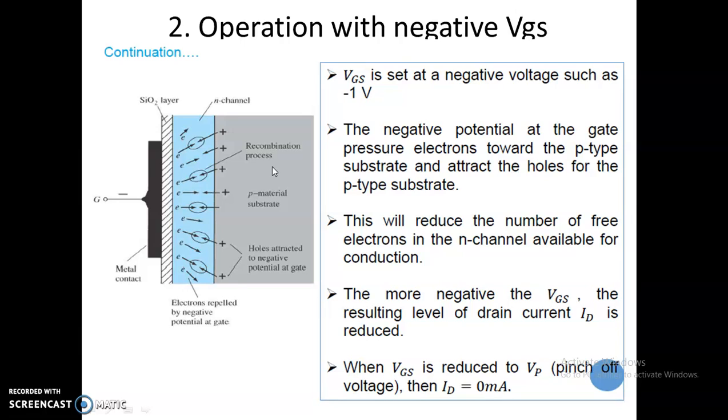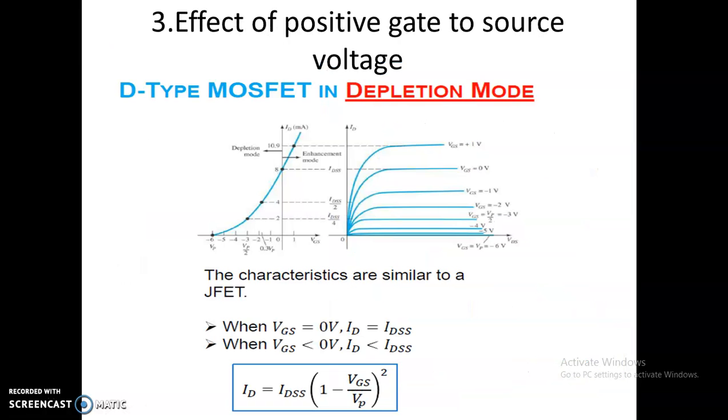That will be covered through the characteristic. With higher negative bias, there is more recombination and less drain current. This is shown in the transfer characteristic. Here you can see the transfer characteristic, how with increasing negative voltage the drain current is reducing.